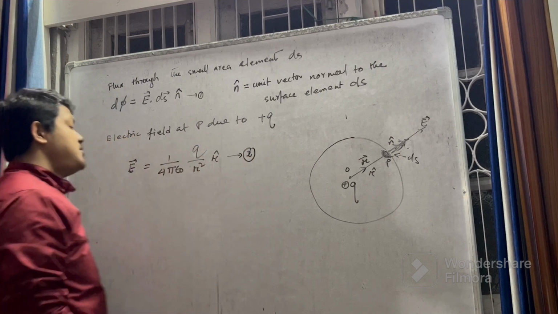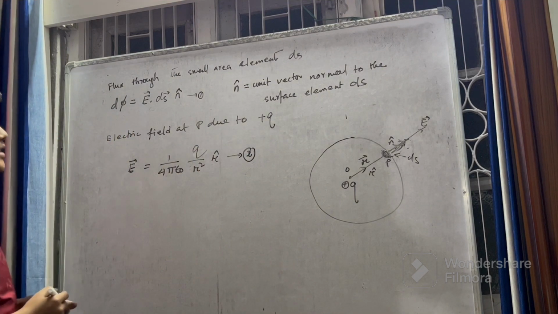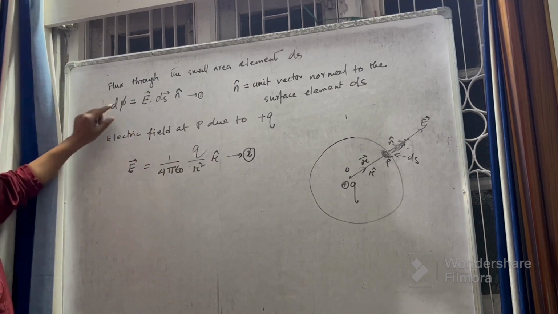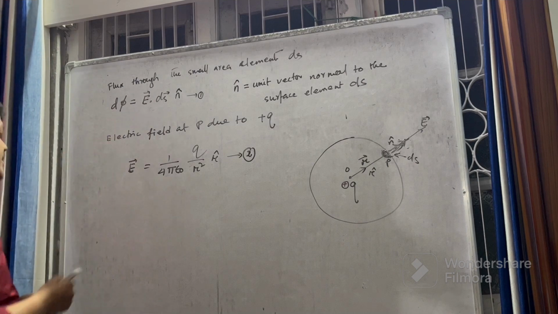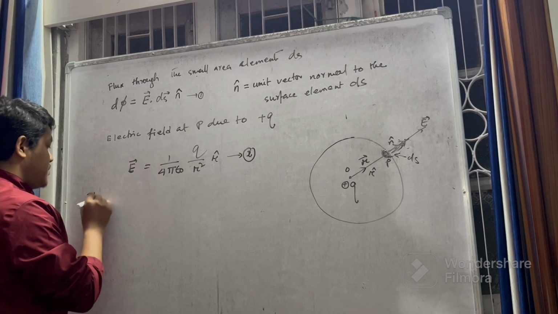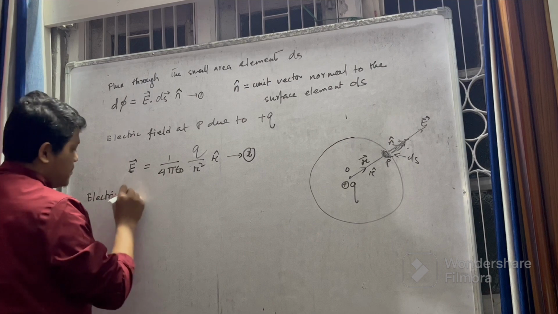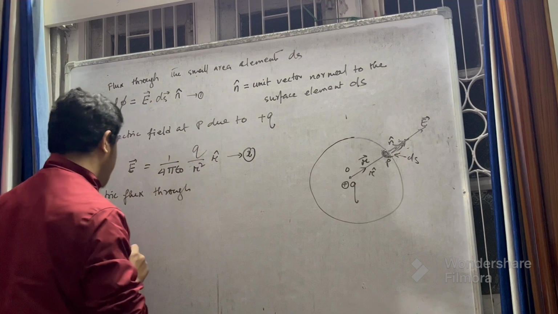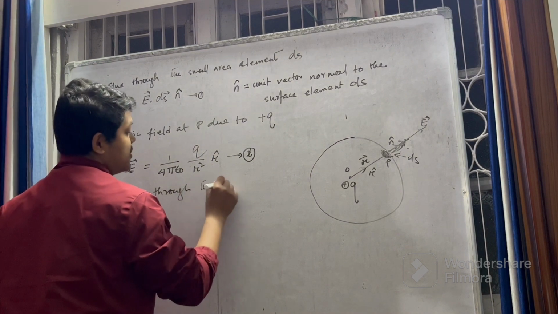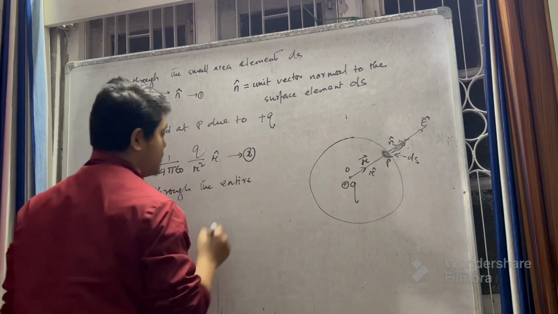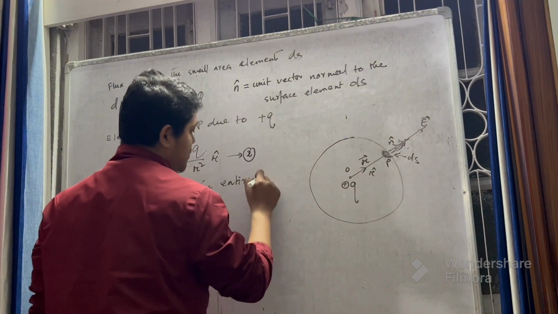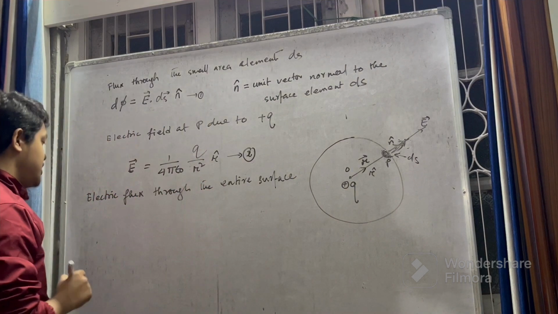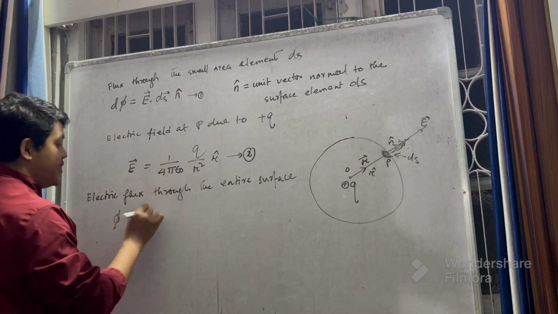Now you see, in order to find the electric flux through the entire surface, this is the flux through a very small element ds, then electric flux through the entire surface will be given by phi is equal to integration of d phi.